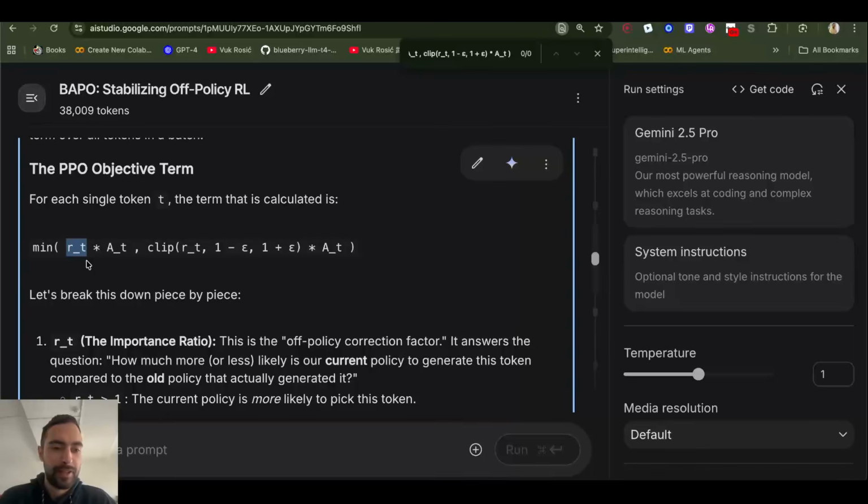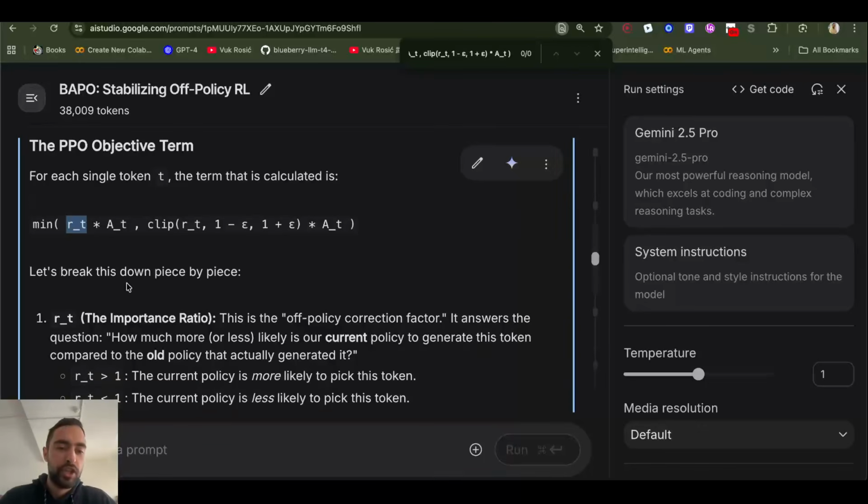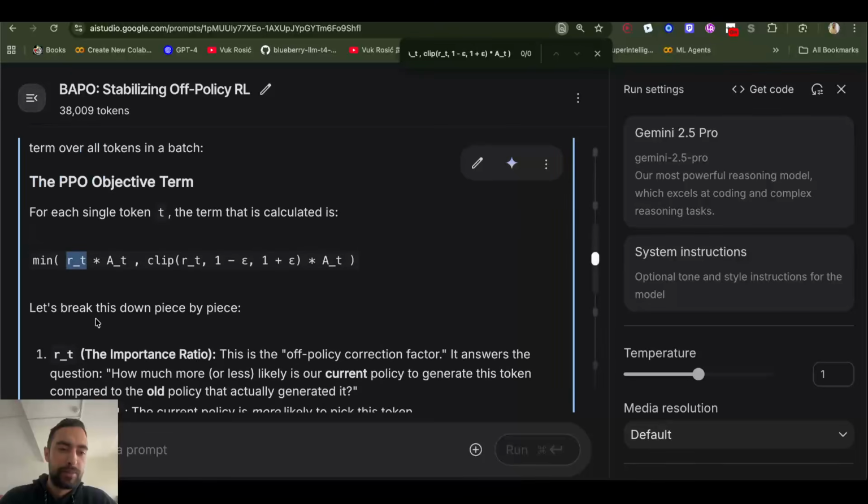We calculated that. So it depends on how likely it was previously. If it was very unlikely previously, but now it gave the correct answer, then it will become a lot more likely. But if it was very likely previously as well, and now it got the correct answer, then its likeliness will not change so much. So I'm gonna explain this again.